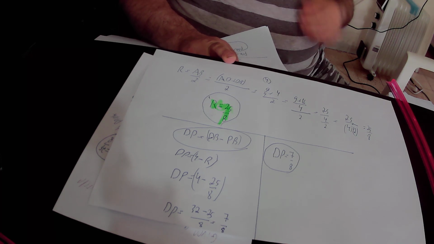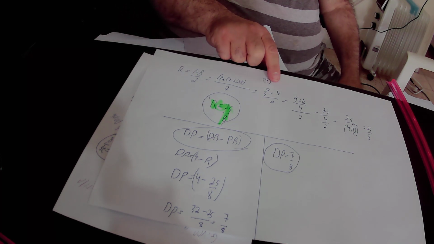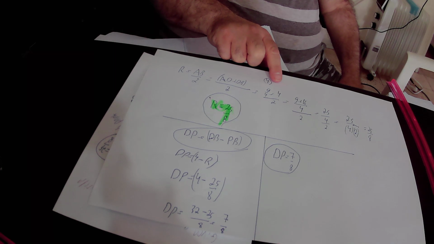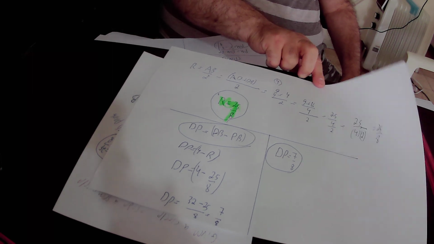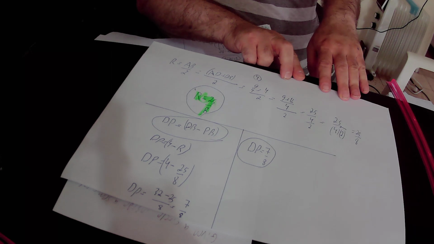Here we'll multiply 4 by 4 and then divide it by 4 in order to have a common denominator with 9 over 4. So 9 plus 4 times 4 is 16, over 4, over 2. 9 plus 16 is 25. 25 over 4 over 2.